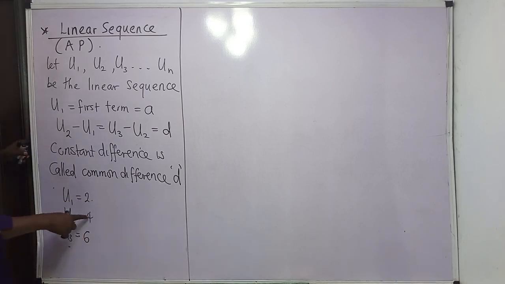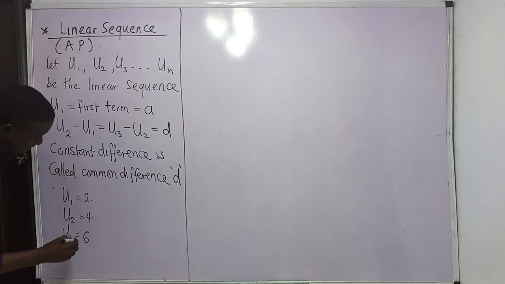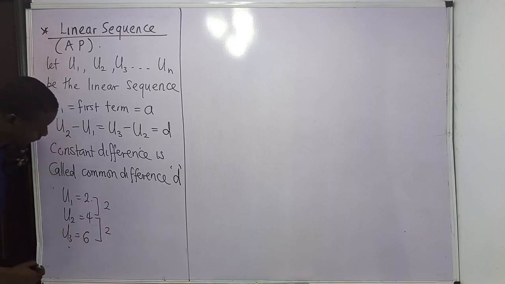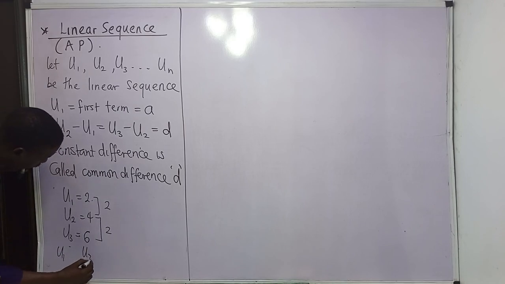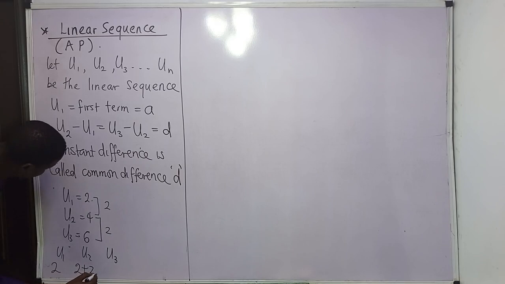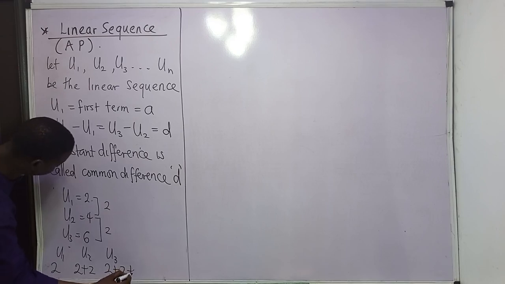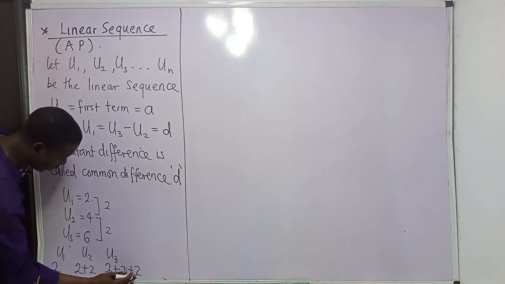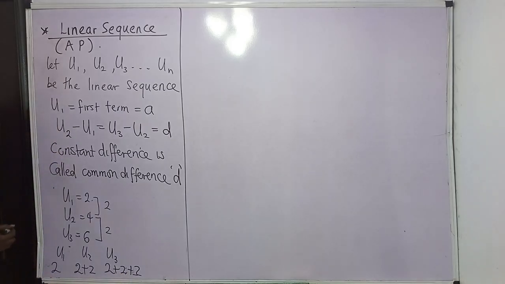If you check the difference between the two of them, you notice that the difference between these two is 2, and the difference between these two is 2 also. That means U1 is 2, U2 is 2 plus 2, U3 is 2 plus 2 plus 2 again. Now, what do you notice? There is a constant difference.